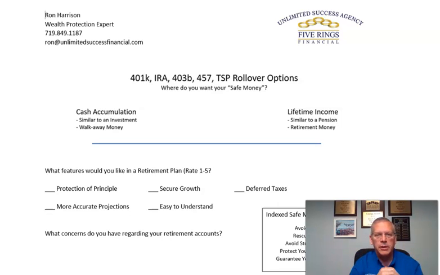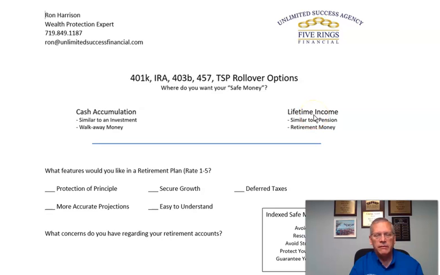So the first document, I just want to educate people about the different types of annuities. And just for simplicity's sake, I always say there are really two extremes. There is cash accumulation, or there are lifetime income annuities.